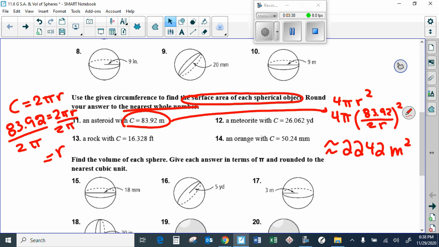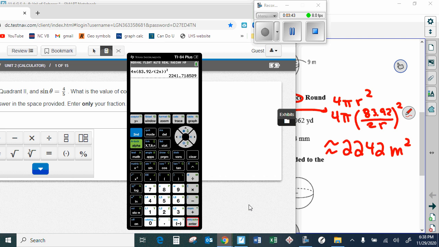Now let's see what the answer would have come out with if I didn't leave that whole thing in there. I did 83.92 divided by parentheses 2 pi, and I get 13.356. Let's say you saw the 10th spot, so I'm just going to round this to the 10th and say 13.4.